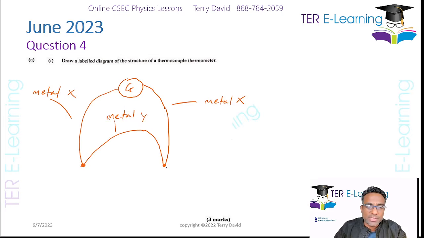You have two junctions. This junction here is our cold junction, so that might be ice water or something like that. And this here is the probe that we're going to use to measure our temperature. It's a small tiny probe. So this is the simple diagram that you need for a thermocouple.